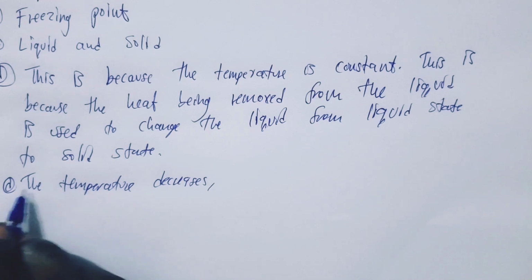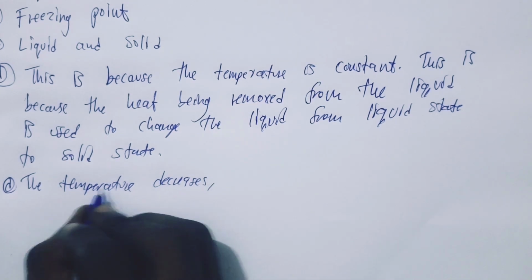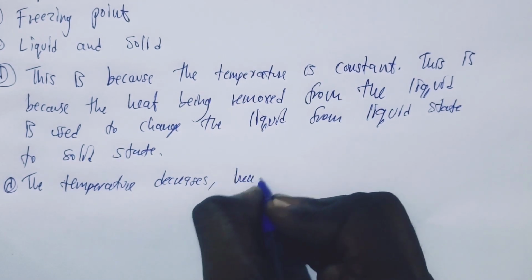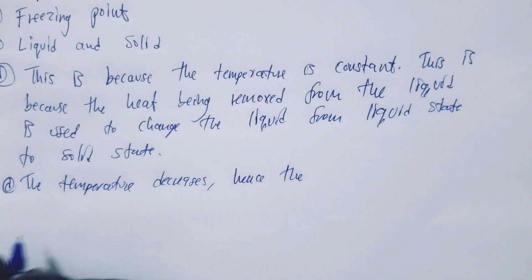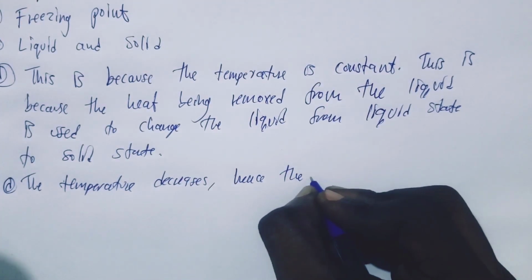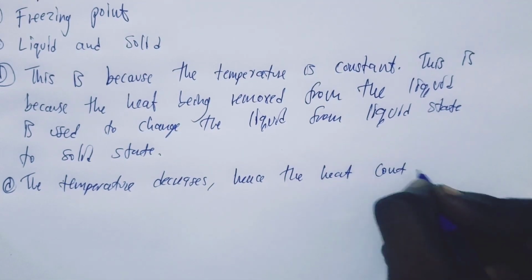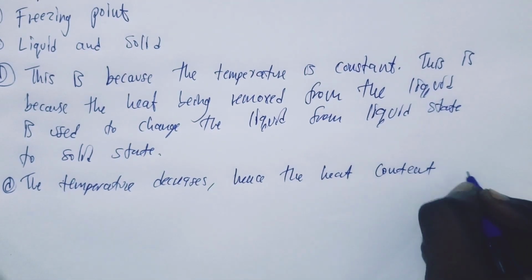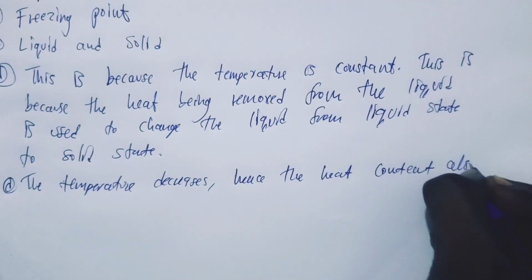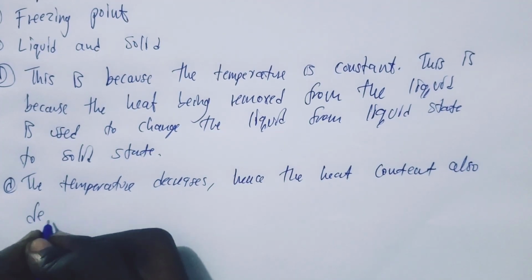So you can say the kinetic energy or temperature decreases. Hence, now you use the term they use, the heat content. So you say hence the heat content also decreases.